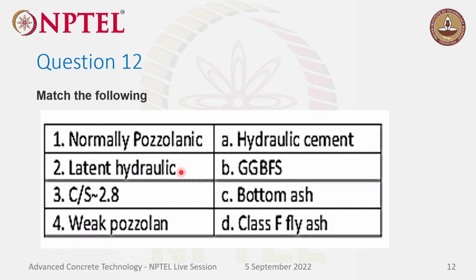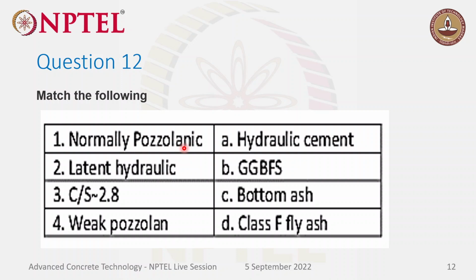So if the calcium to silica ratio is very less, then it's called normally pozzolanic, that type of pozzolan. So if the calcium to silica ratio is close to 1, then it is latent hydraulic.